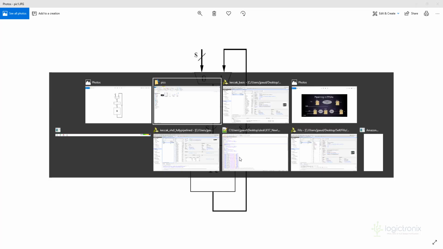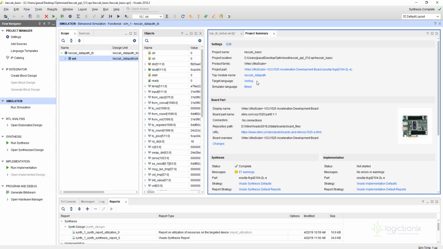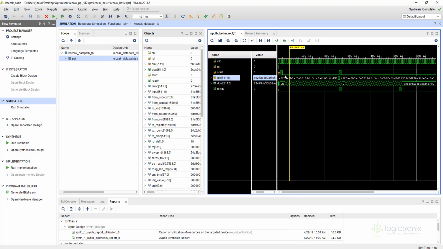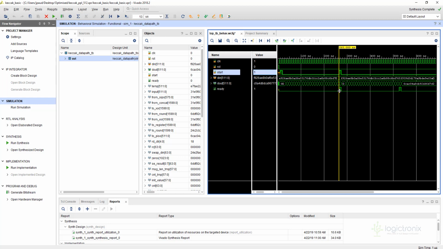Let's look at an example implementation of it with Keccak. So this is Keccak with the basic iterative architecture. If we look at the simulation result, this is our data in, and here is our start signal, and here we get the ready signal asserted.